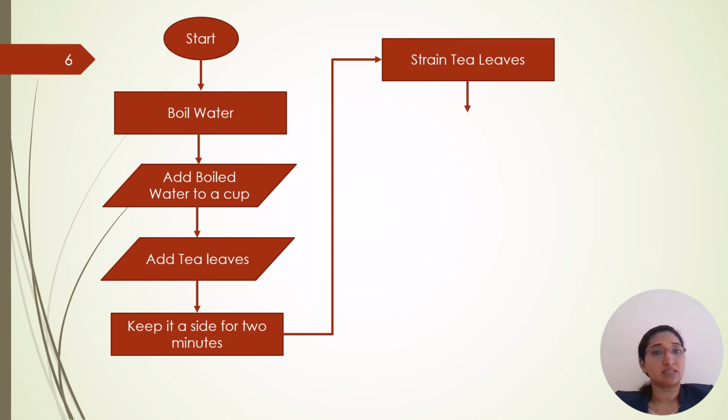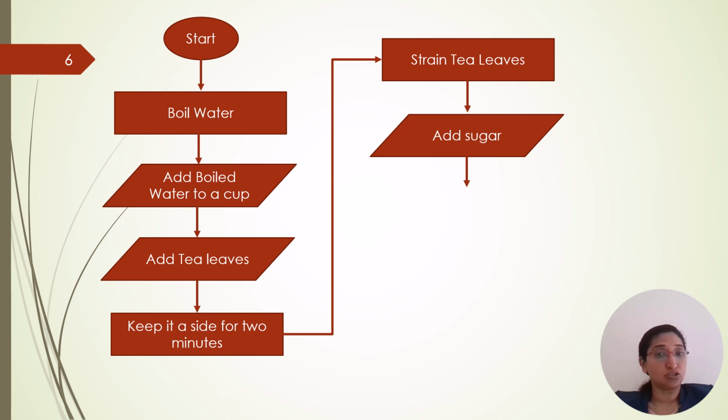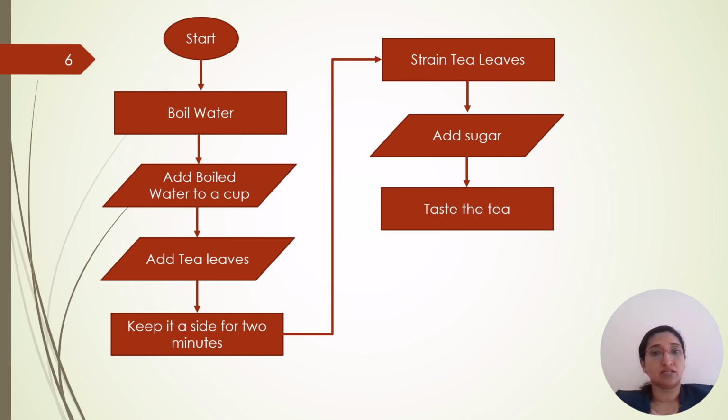So once you have strained the tea leaves, you add some sugar, and once you have added the sugar, you need to taste it and see whether the sugar level is okay. So you taste the tea. After tasting the tea, you need to make a decision.